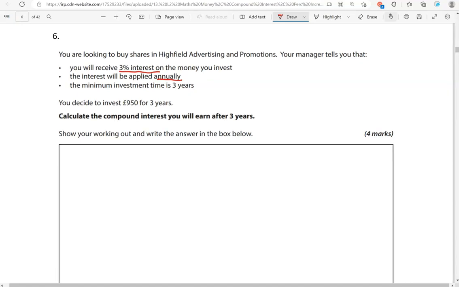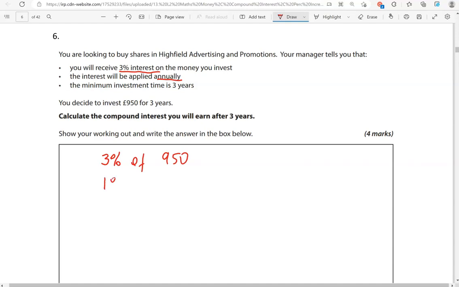This question is very similar to the previous one that we've done. So we've got £950 investment. We're going to work out 3% of 950.